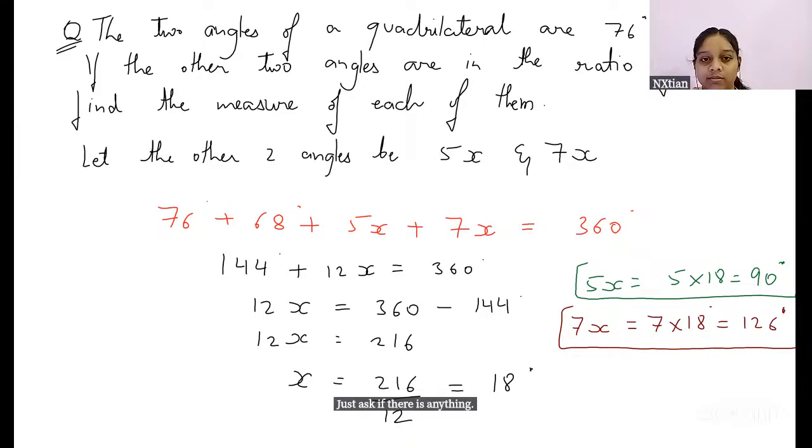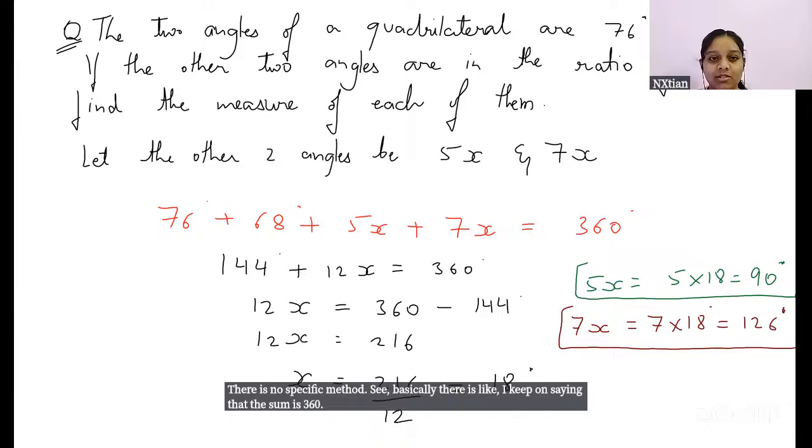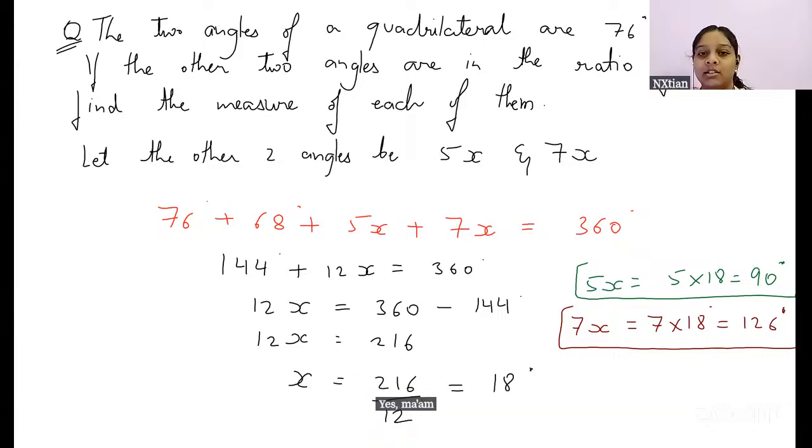Yes, Abraham. Ma'am, for these questions, we have to think how to find the answer, right? There is no specific method. Basically, like I keep on saying, the sum is 360. Using that, you calculate.